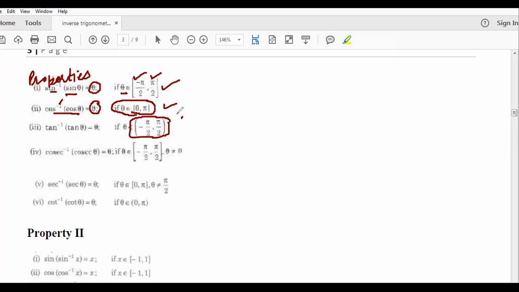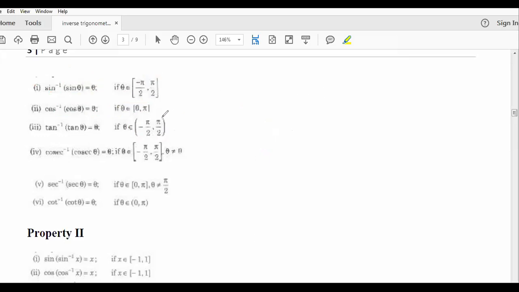So tangent at minus pi by 2 becomes minus infinity. Okay, and tangent at pi by 2 becomes infinity. So we use here the open interval.